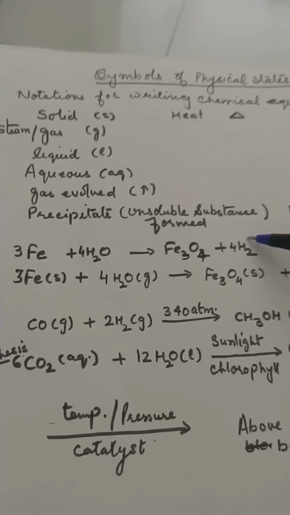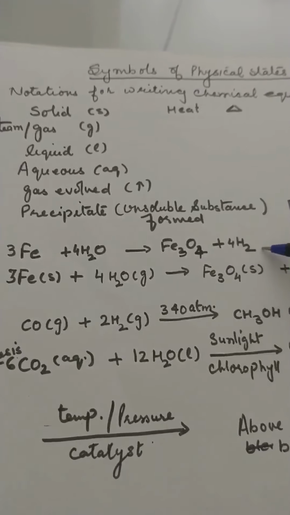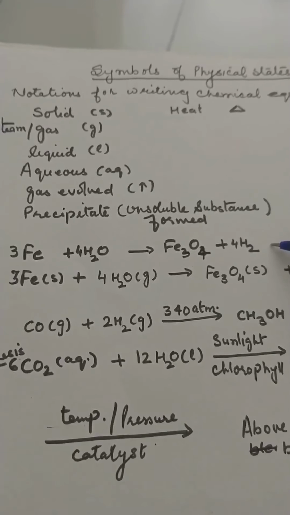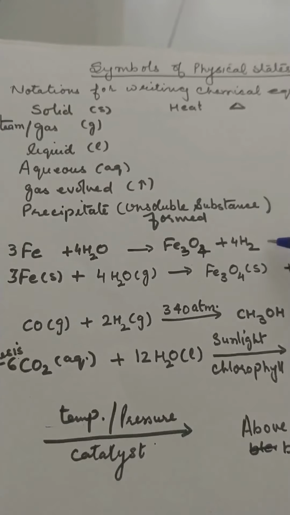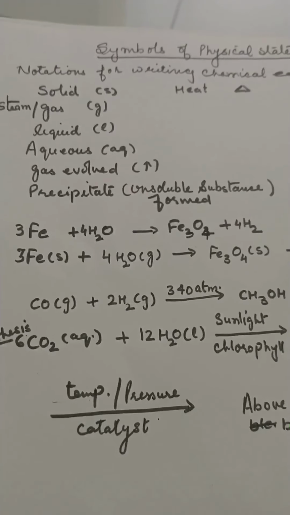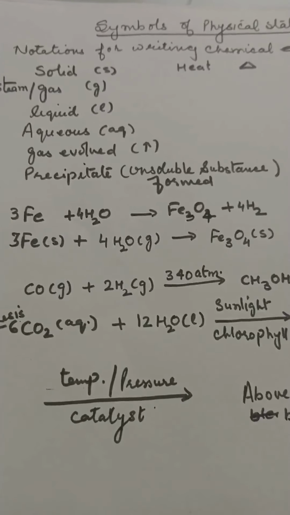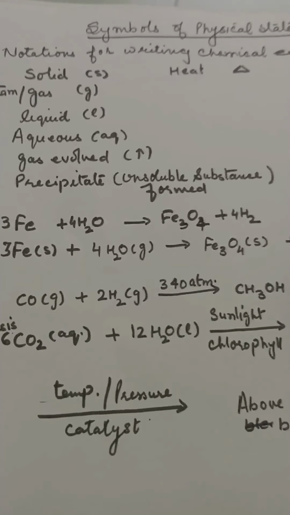On carefully examining this reaction, we see that it does not tell us about physical state of any of these reactant or product. So no information is here. First of all, let us know what are the physical states.